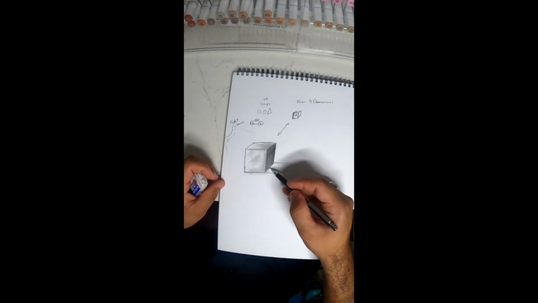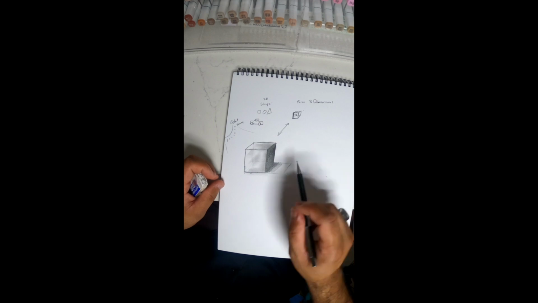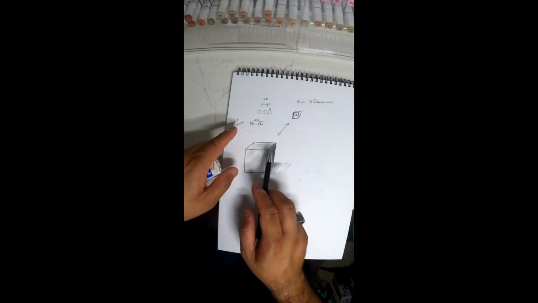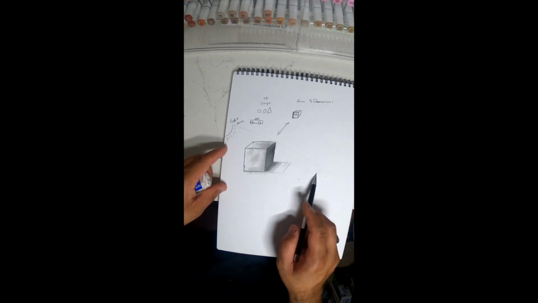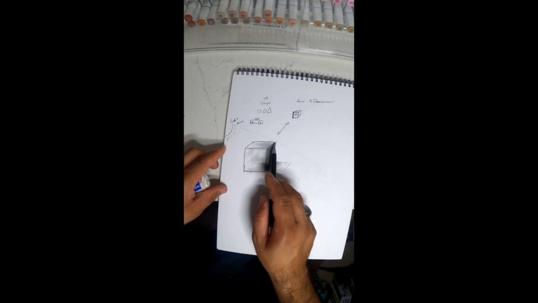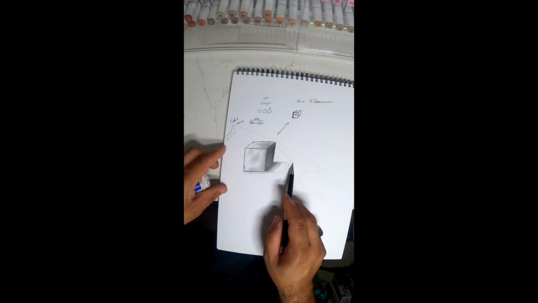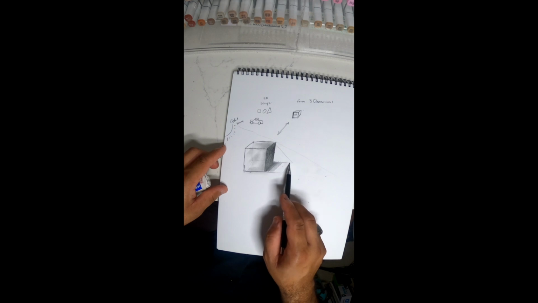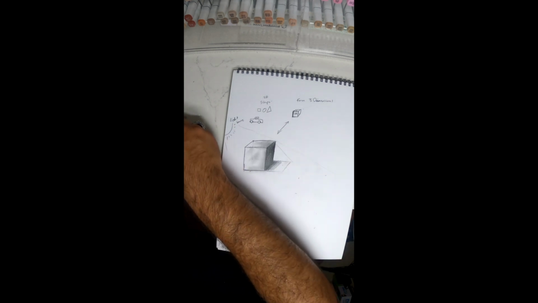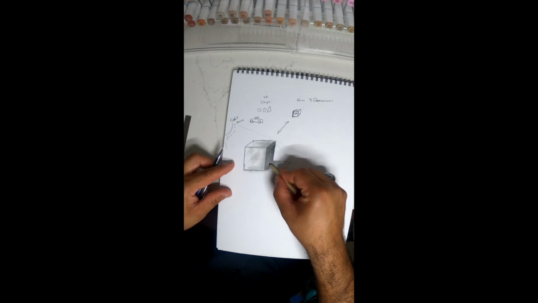Now we do dark to light as well. As it gets closer out here, the shadow starts here and finishes here. The closer the shadow gets to where the light ends, the lighter it tends to be. So we can use our smudging tool here.